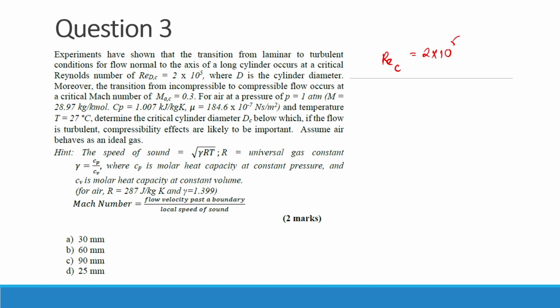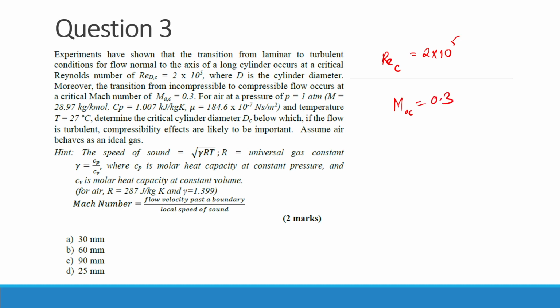So this means that if the Reynolds number is less than this, there will be a laminar flow. Moreover, the transition from incompressible to compressible flow occurs after a critical Mach number of 0.3.